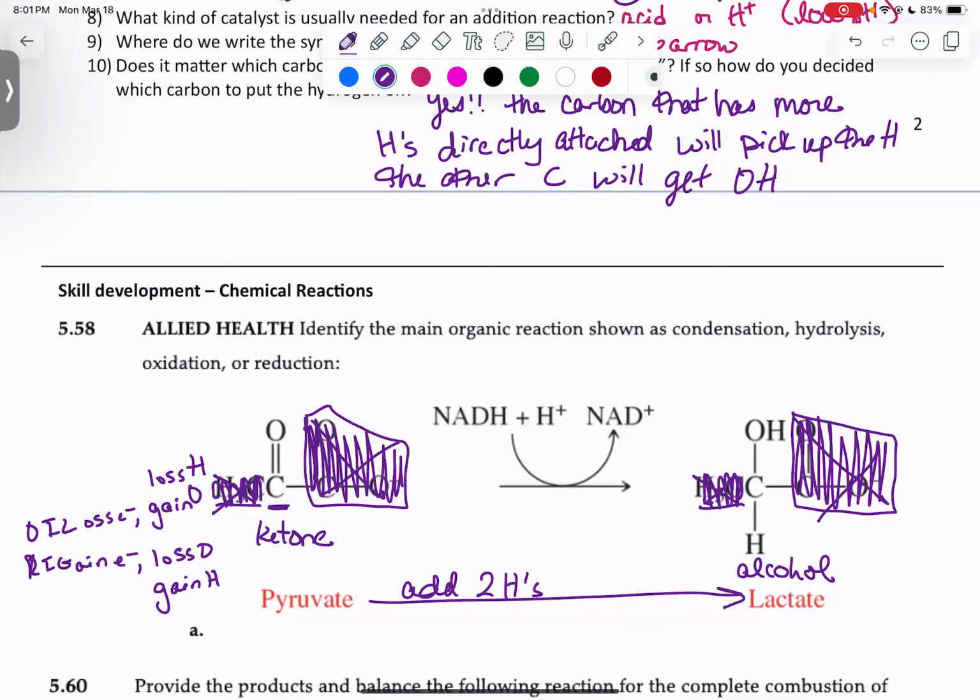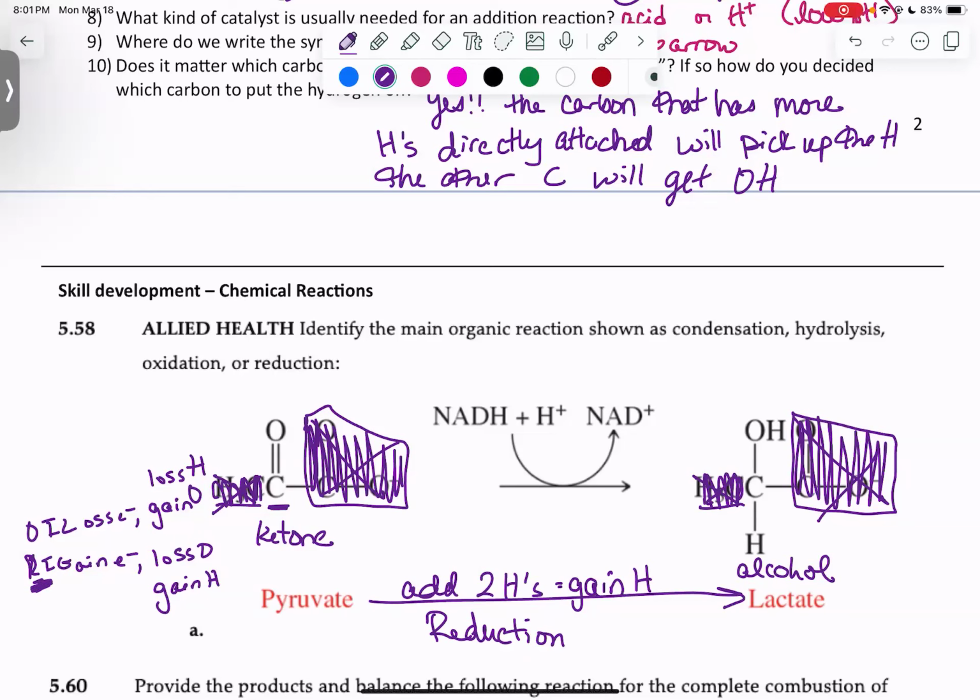So what did I just do? Adding 2 hydrogens, that's a gain of hydrogens. So if I'm gaining hydrogens, I must be reducing. So this is a reduction reaction. So they wanted you to identify, is it oxidation or is it reduction? When we go from pyruvate to lactate, that's a reduction.